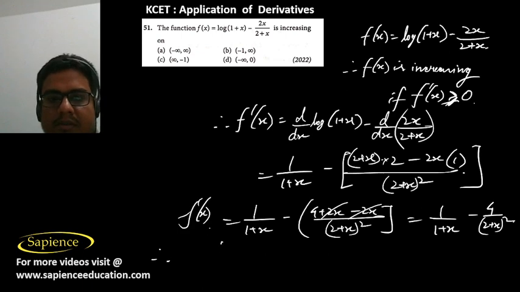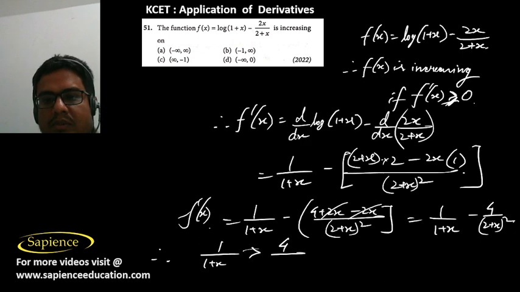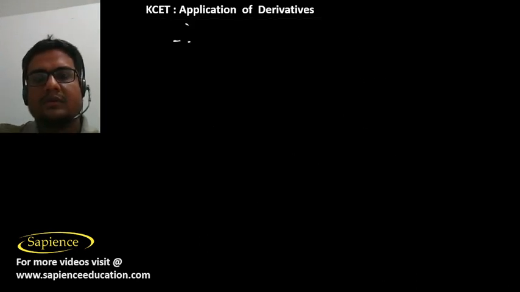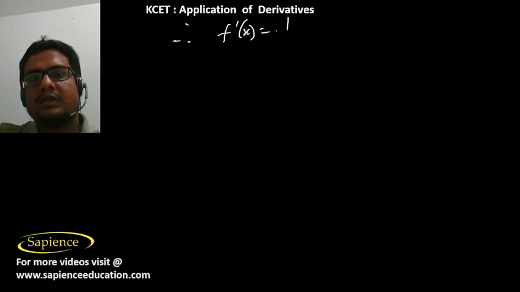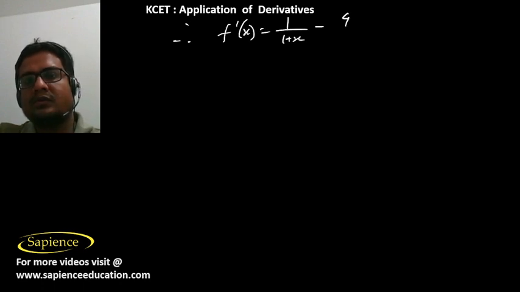So 1 by 1 plus x minus 4 by (2 plus x) whole square, f dash x, that should be greater than 0. Solve it: 1 by 1 plus x minus 4 by (2 plus x) square.